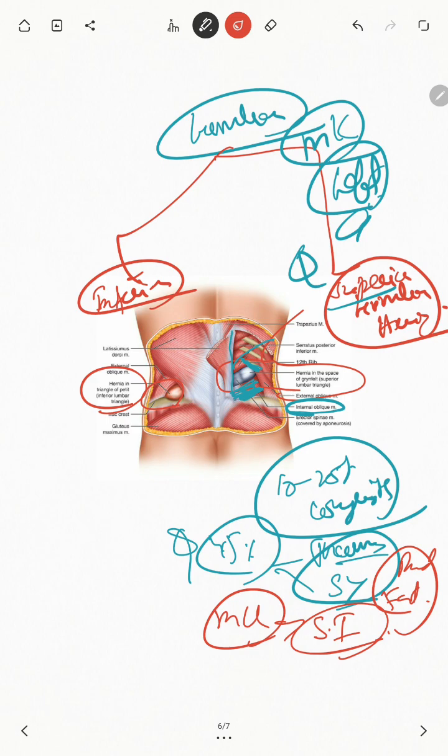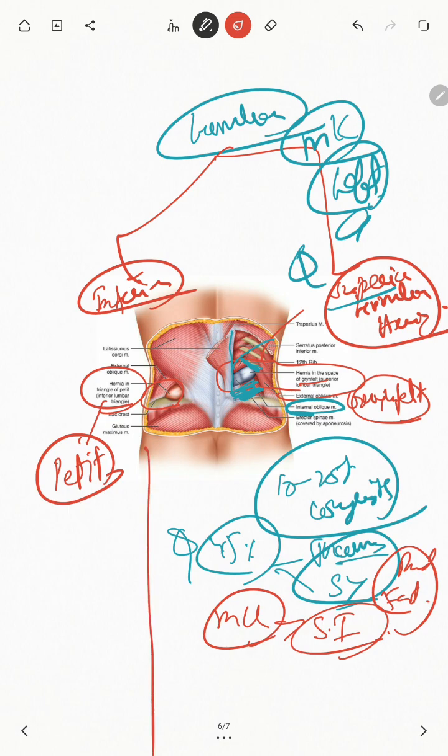The other name for superior lumbar hernia is Grynfeltt hernia. Okay, and the inferior lumbar hernia is called Petit's hernia. Petit's hernia is also common after trauma, and it is very rare, and it is most commonly seen in old age patients. When compared to Grynfeltt hernia, Petit hernia is less common.